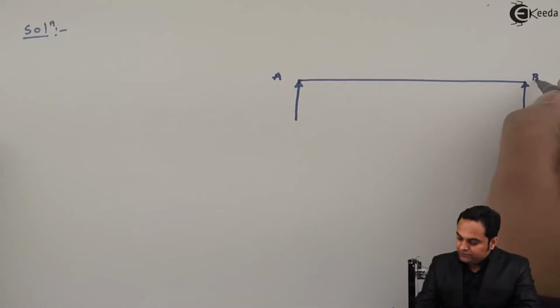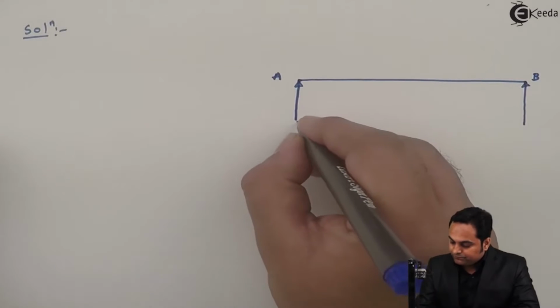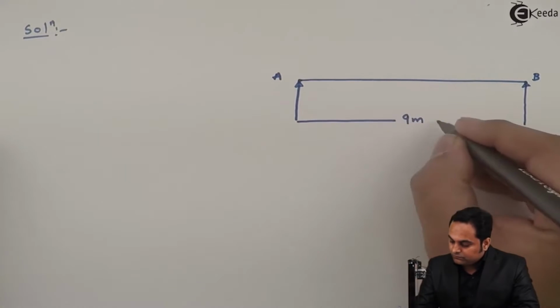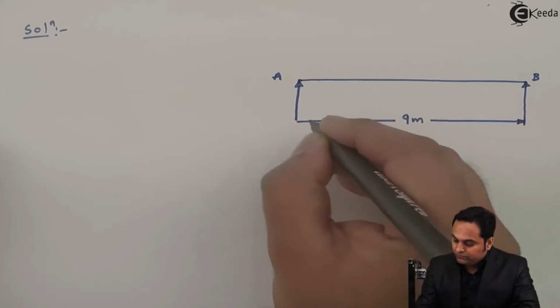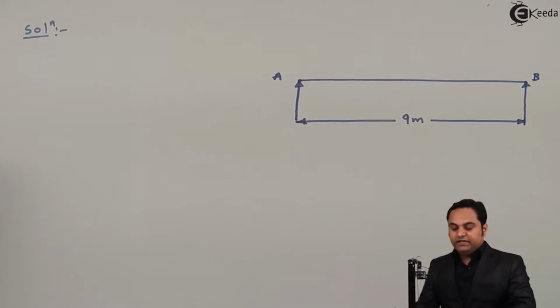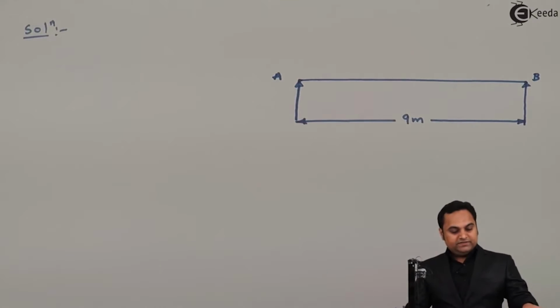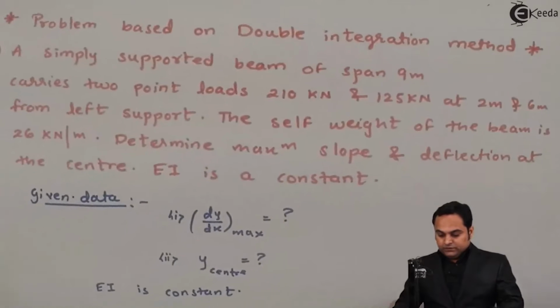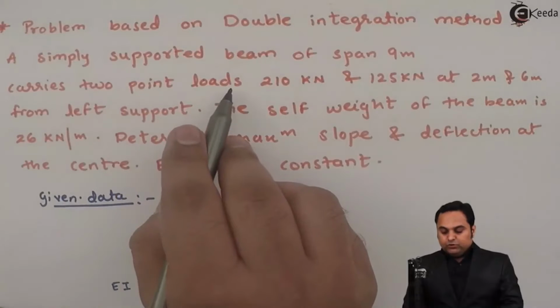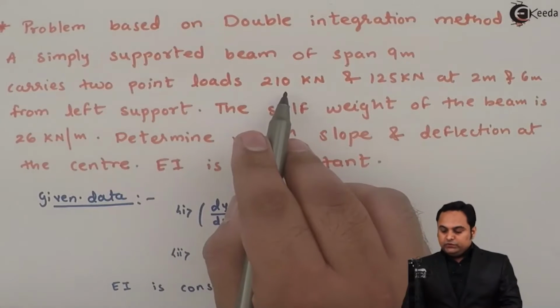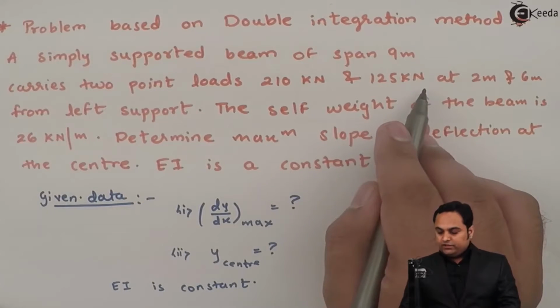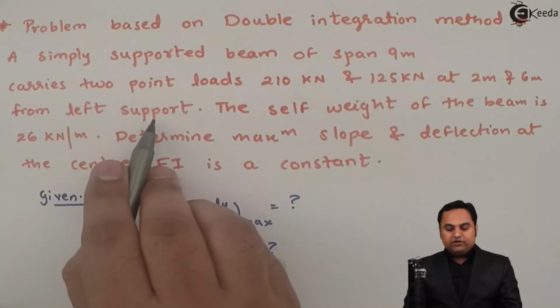So here we have a simply supported beam whose span is 9 meter. Next, it carries 2 point loads, 210 kilonewton and 125 kilonewton at 2 meter and 6 meter from left support.